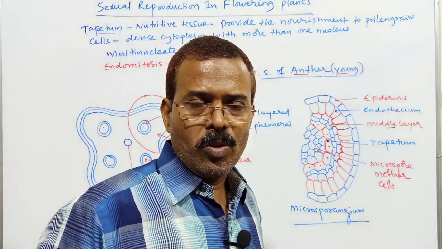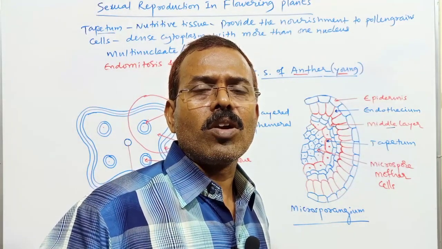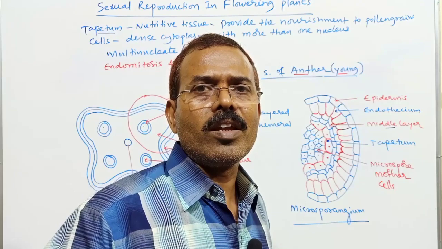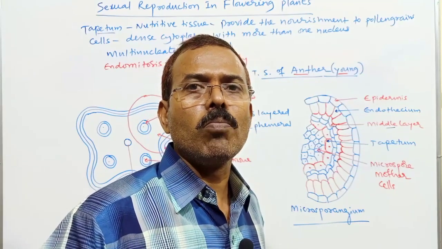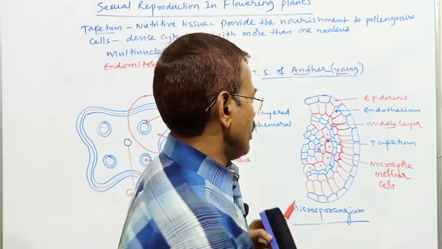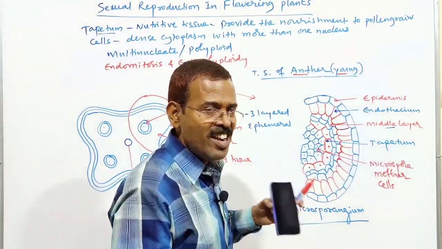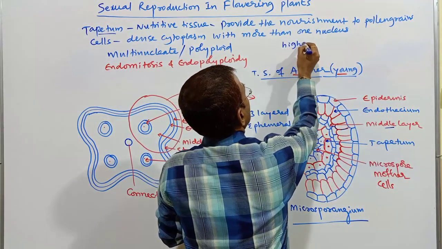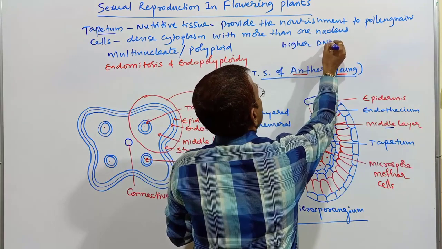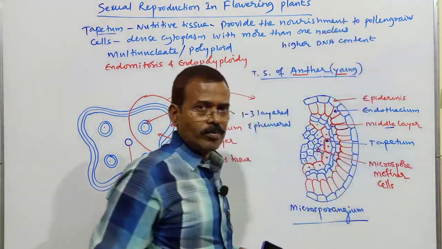The multinucleated nature and the polyploid nature of the tapetal cell is due to endomitosis or endopolyploidy. The tapetal cells have higher DNA content.